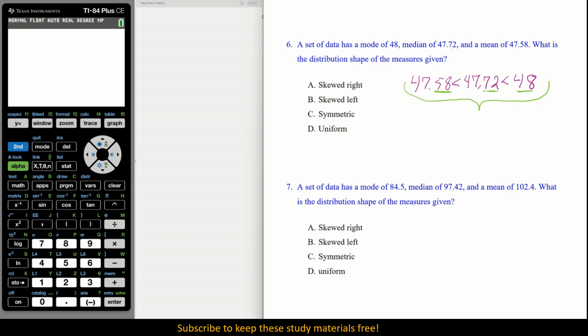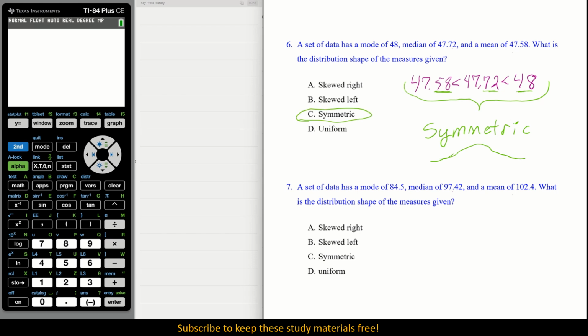All three of these are close to each other. That means that we have symmetry. Okay. All right. As you can see, we could round all of those up. Very logically, they could all round to 48 and be the same. So this will be some kind of a symmetric look to it. So our option is C.